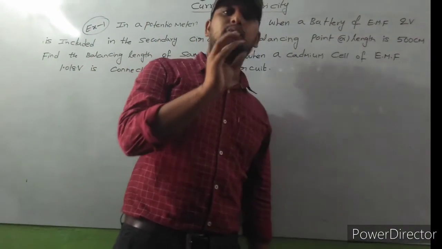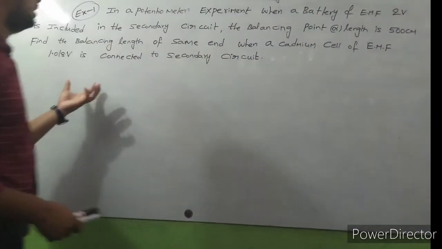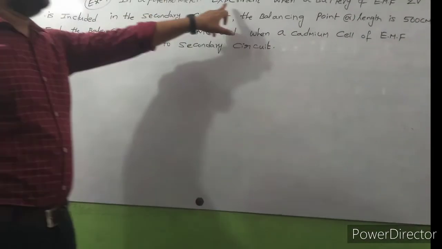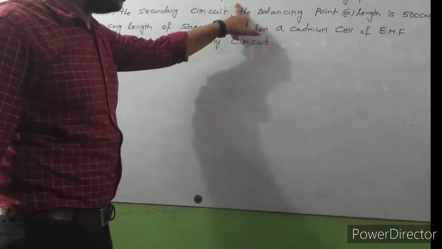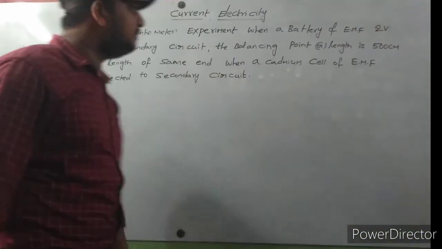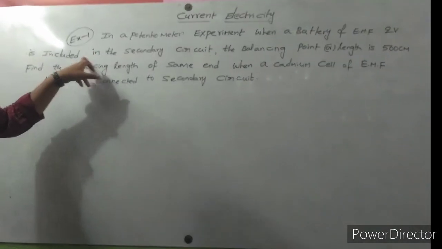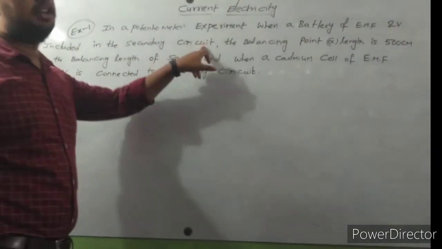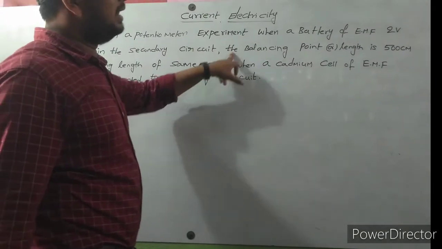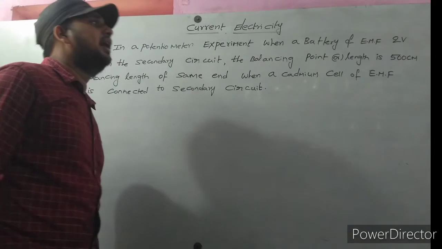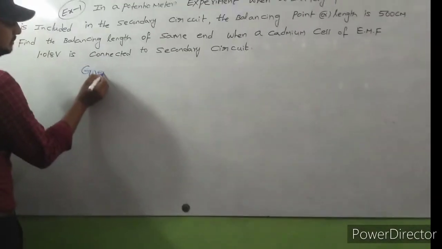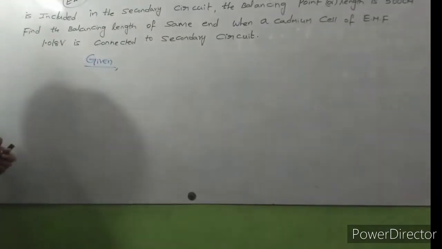So now we will solve one numerical based upon this. Observe carefully. So this is numerical example 1. In a potentiometer experiment, when a battery of EMF 2 volts is included in the secondary circuit, the balancing length is 500 centimeter. So observe carefully what is given here.